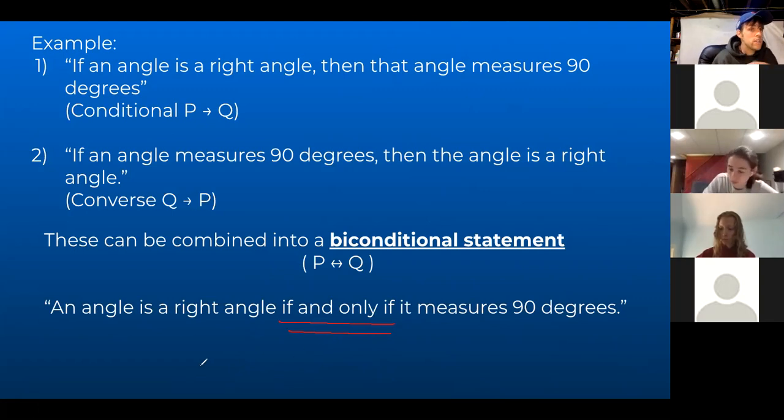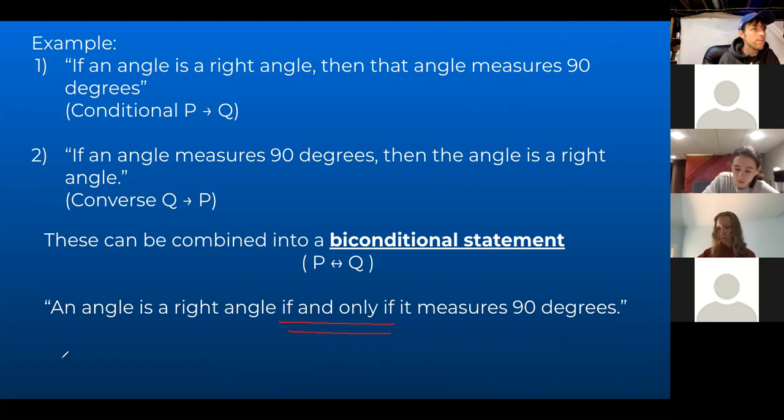Yeah, so a good question. Sometimes you can write conditional statements where the converse isn't true. Let's see, something where the converse would not be true. Oh, like if an animal is a cat, then it is a mammal. If you write the converse of that, if an animal is a mammal, then it's a cat.